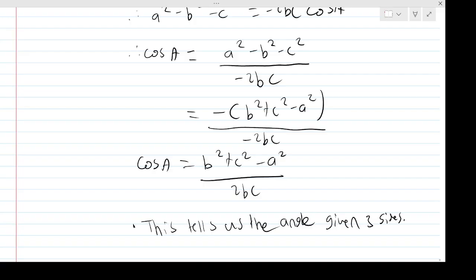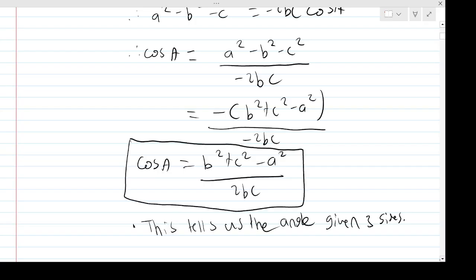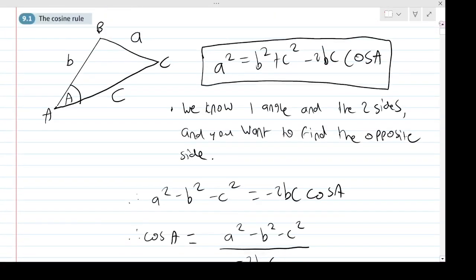So those are the two cases we'll be working with in this video, where we've got two sides and an angle, or all three sides. And so that's the other formula. Now, again, you don't get given this formula either, so you've got a couple of choices. You could memorize both, or you could memorize one of them, probably this one, the best one, and then you can quickly rearrange to get the angle.